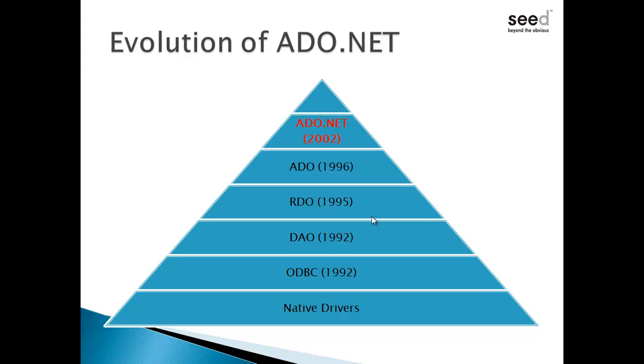But ODBC was not object oriented. So Microsoft released DAO and then RDO. DAO to access local databases and RDO to access remote databases like SQL Server or Oracle. DAO and RDO were an object-oriented way to access databases. But then requirements changed.